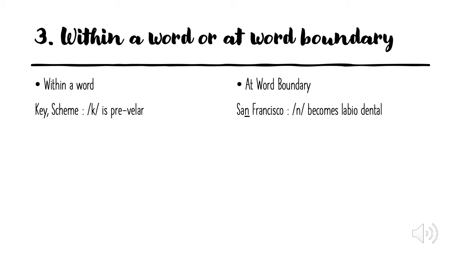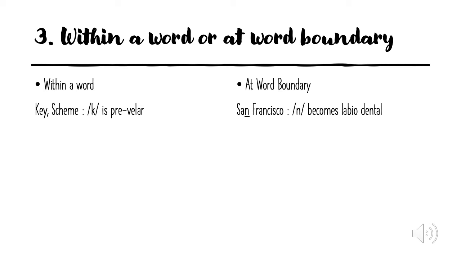So within the word you find the assimilation occurring in the production of the K sound. Key. You don't say K, where the K would be pronounced as it normally is in the velar position. Here, under the influence of E, it becomes a pre-velar.